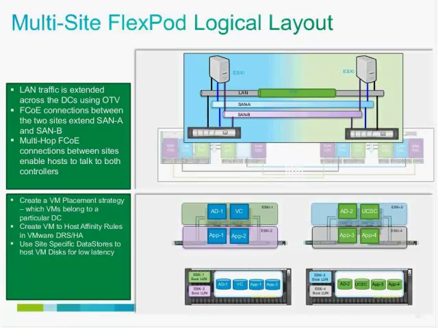We are extending both SAN A and SAN B across. We are extending the LAN across the two sites. And it seems as if the ESXi servers are sitting on the same LAN segment, connected to the same SAN network, and connecting to the filers underneath. If it wasn't for the latency between the sites, this architecture would be exactly the same as a single site architecture.